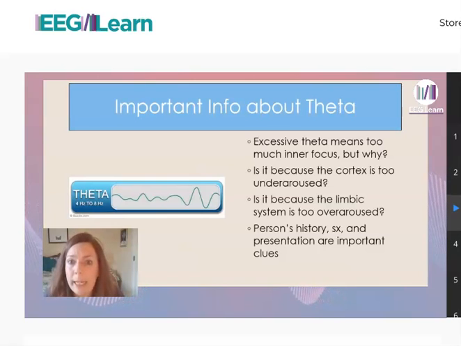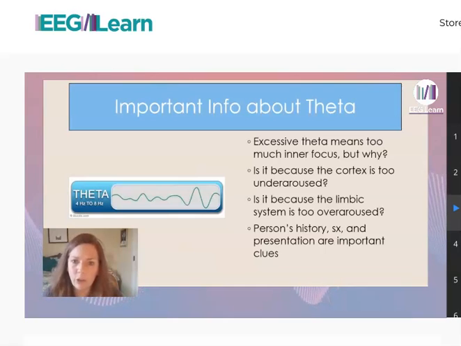But if you're picking up way more theta than those age norms, it's going to be because of one of two reasons. Either the person's cortex is kind of asleep, it's under aroused, and theta activity is stage 1 sleep, right? Or it could be because the person's limbic system is way over aroused.